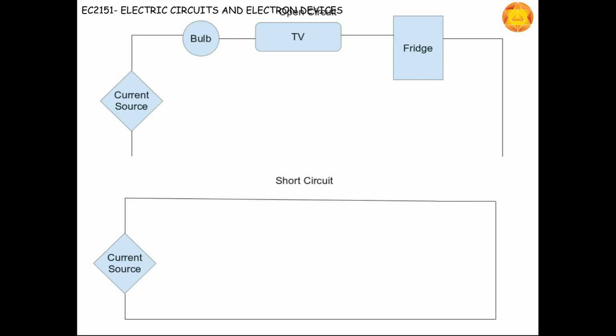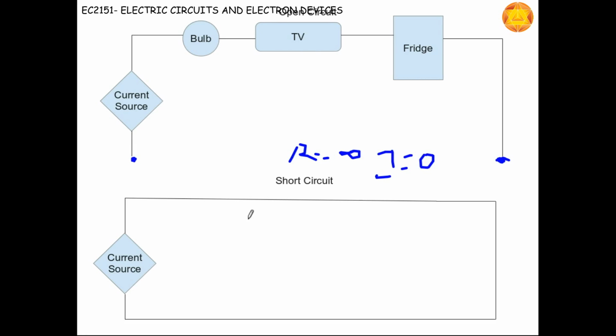The first diagram is an example of an open circuit, where there is no connection between this point and this point, which means the resistance R equals infinity, so the current I equals 0.